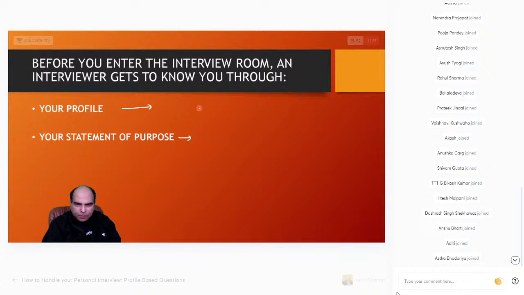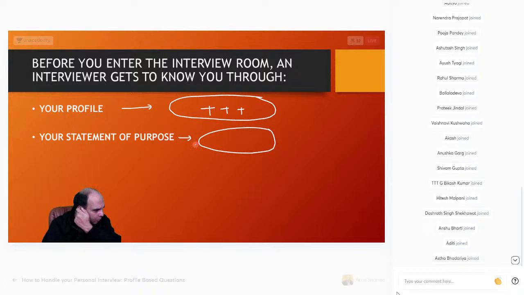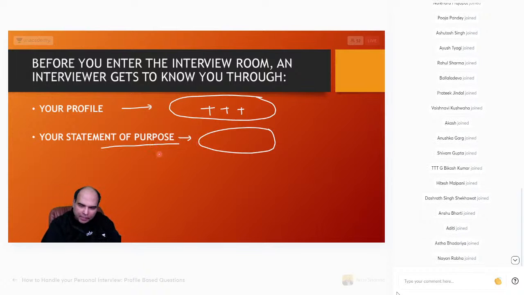So as an interviewer, for me, this is much more important than this. Reason being, okay, I will read this, why you want to do this, what you want to do, whether your decision, current decision is proper, are you thinking the correct way, etc. I'll read that, but I'll give you much more weightage for your profile than for this. Reason is, this is what you've done.